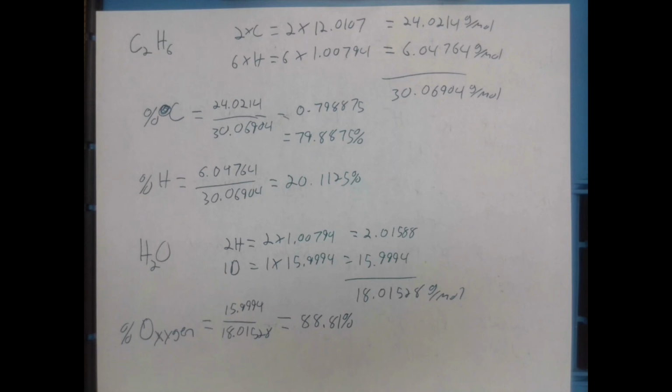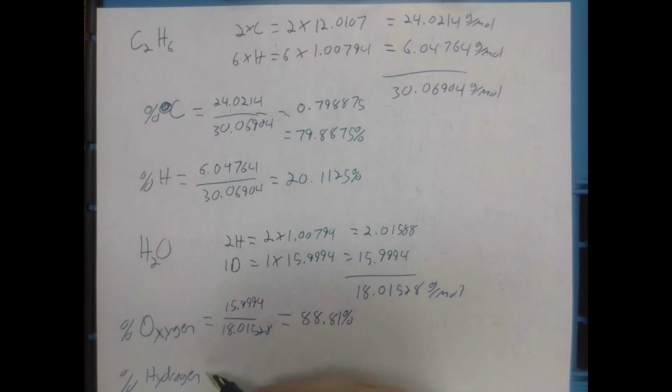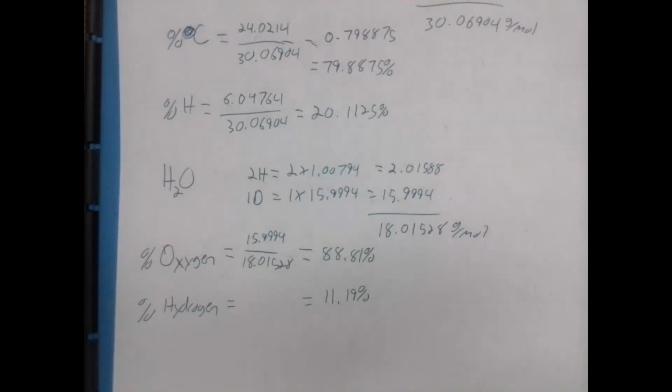And the remaining percentage, the percent hydrogen, would thus be equal to 11.19%. So water is almost 90% oxygen and only 10% hydrogen by mass. Even though there's twice as much hydrogen in it. Depends on what you mean by twice as much. If it refers to twice as much mass, you'd be wrong. If you meant molecules or atoms, then you'd be right.